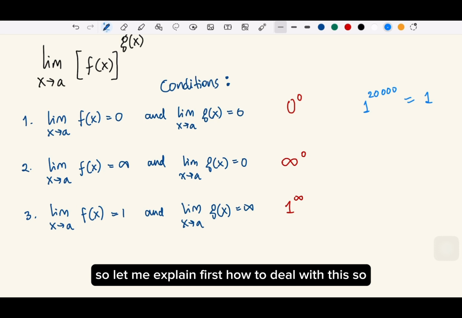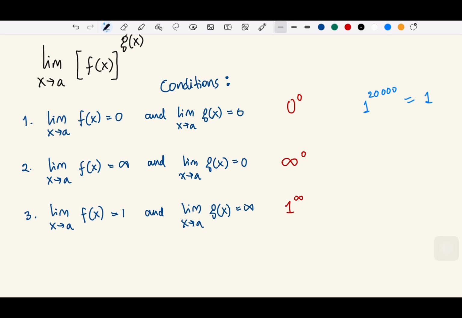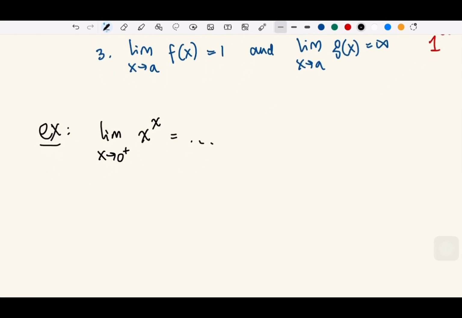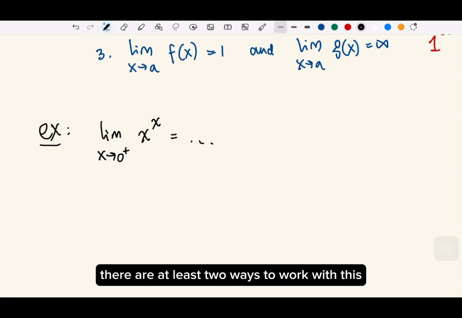Okay. So, for example, if we take the limit, there are at least 2 ways to work with this.